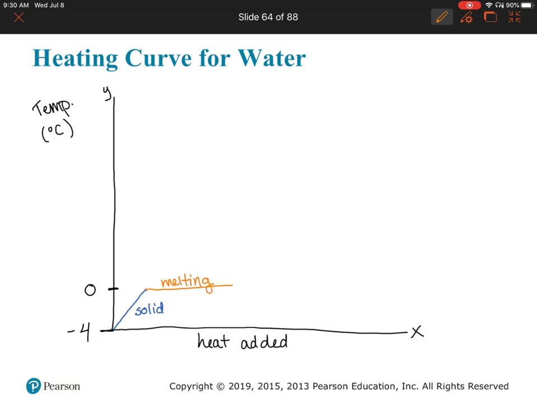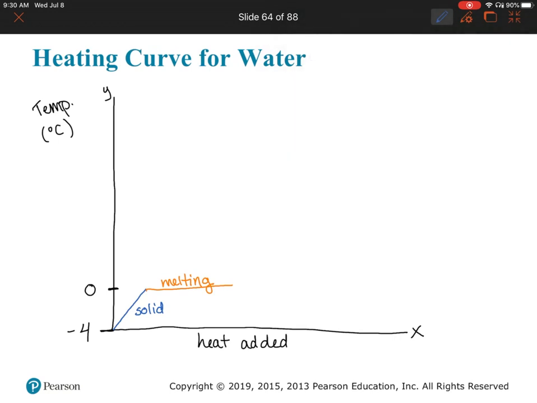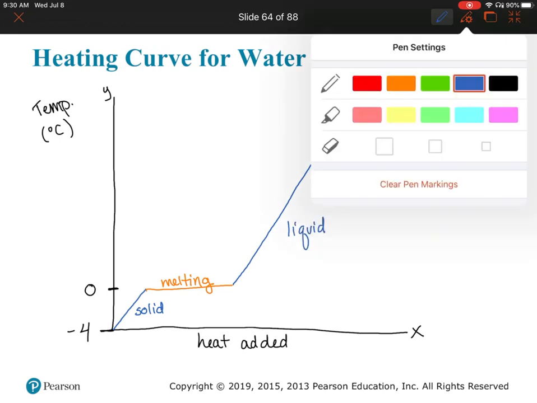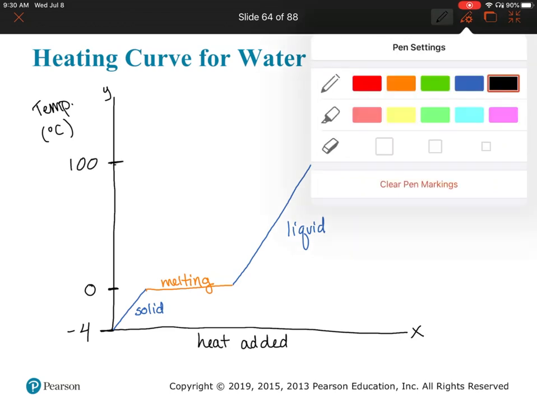All right. Now, once everything has melted, then we have a liquid. And that liquid is going to increase in temperature as we add heat. So we'll have another diagonal line until we hit the boiling point of water, which is 100 degrees Celsius.